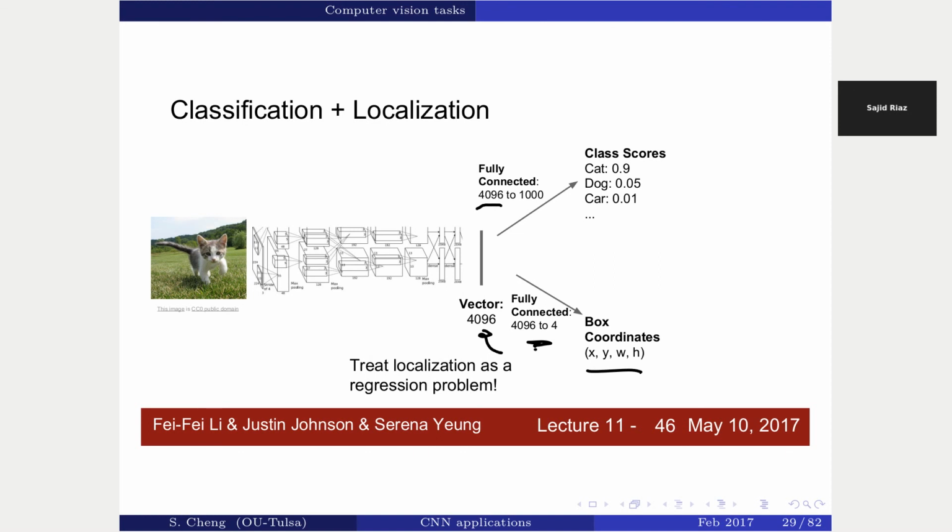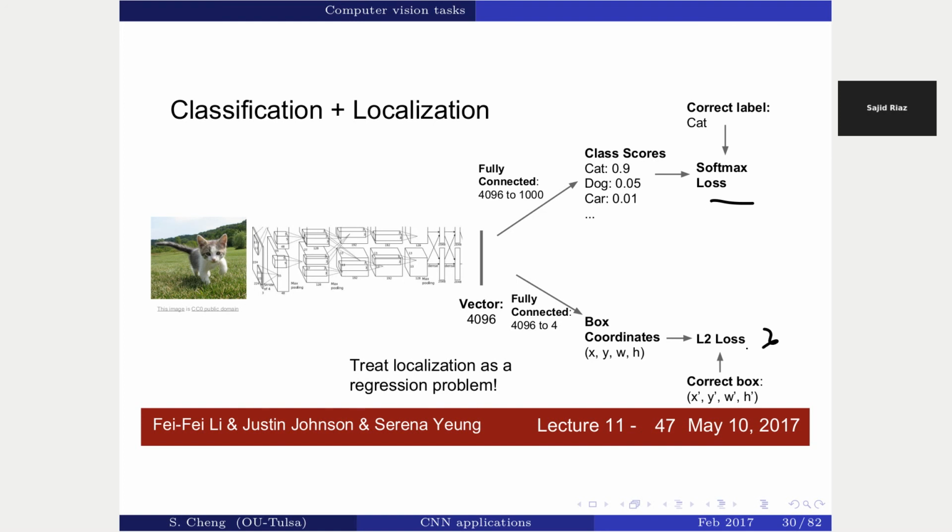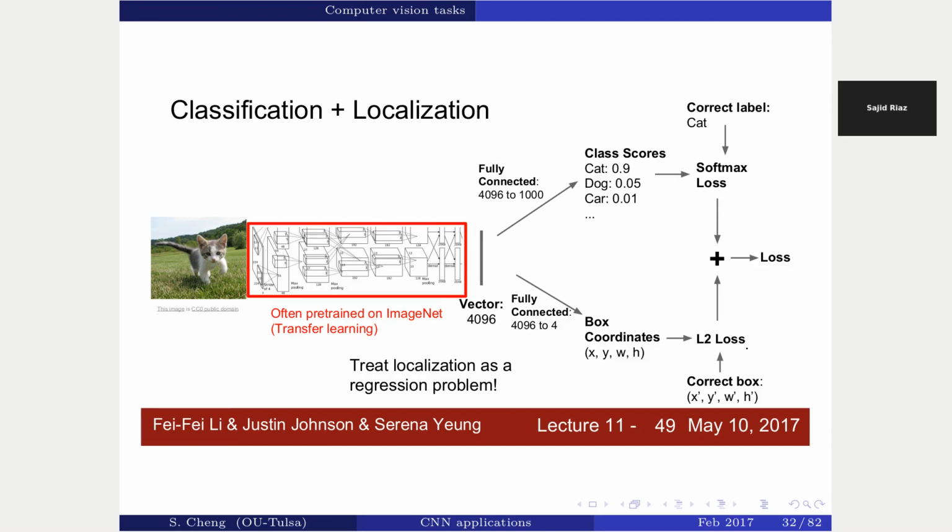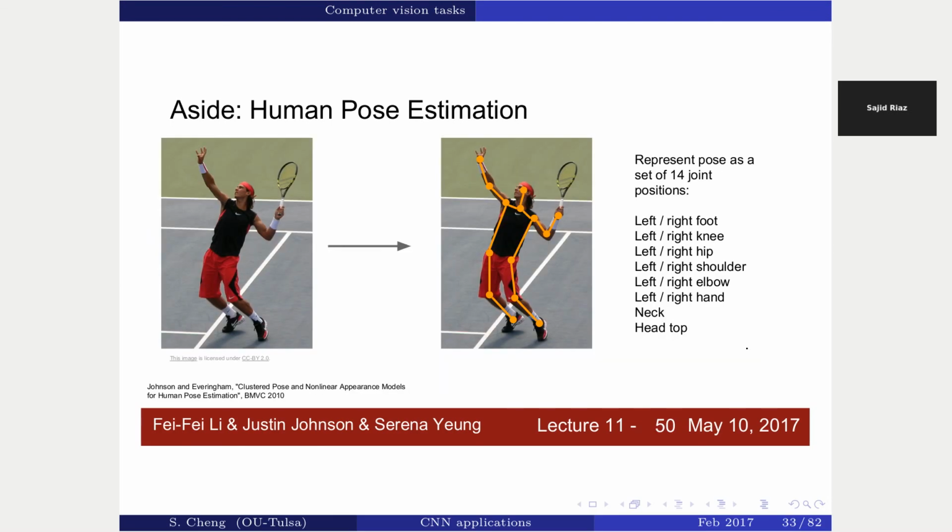In that case, they try to fit the x, y, and also the width and height. So now you have 2 losses: the softmax loss, and also the loss from the regression. This can just be an L2 loss. Then you add them together and solve that.